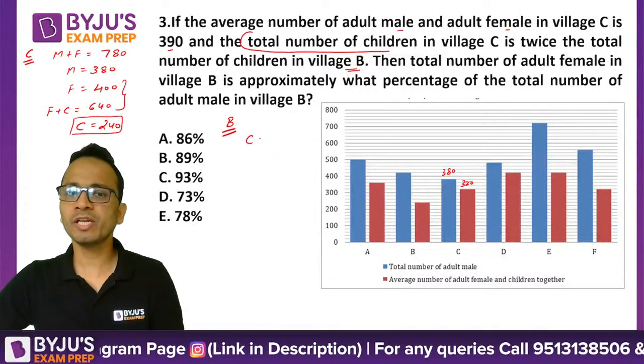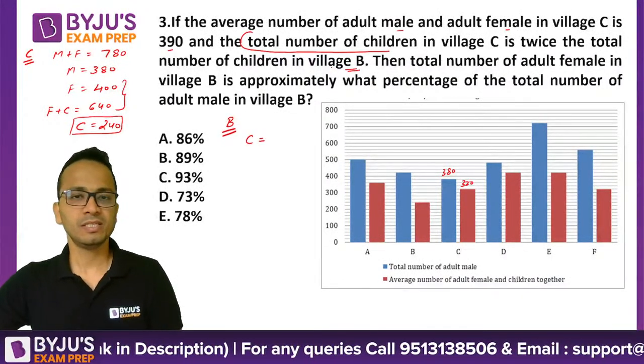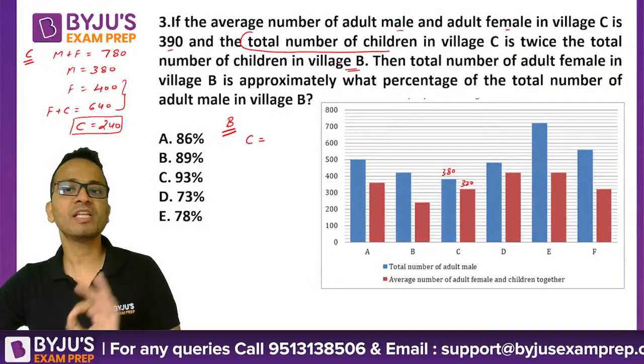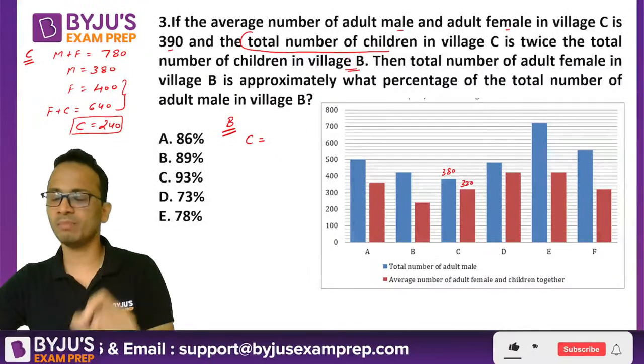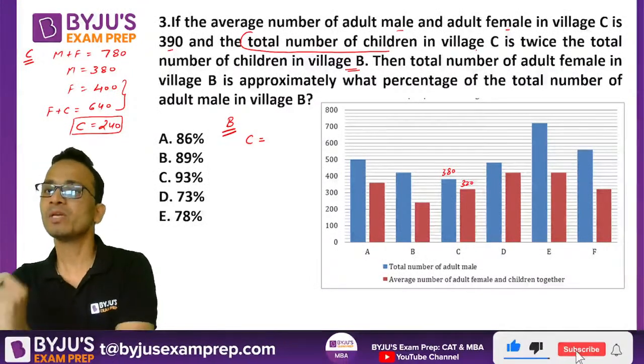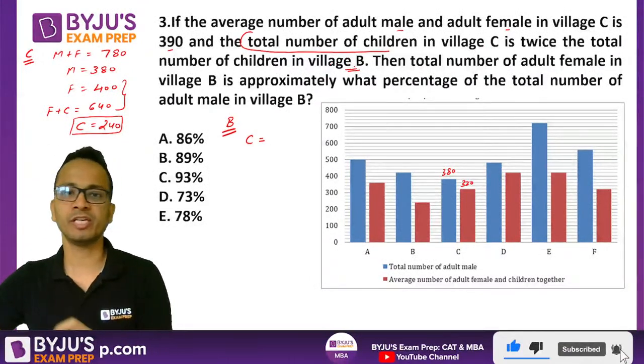The number of children in village B is half the number of children in village C.